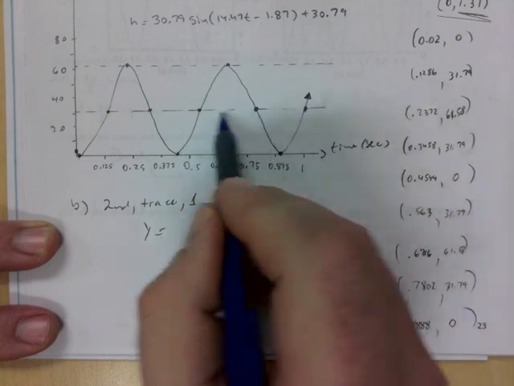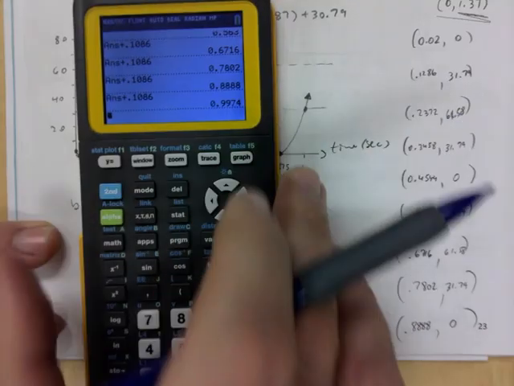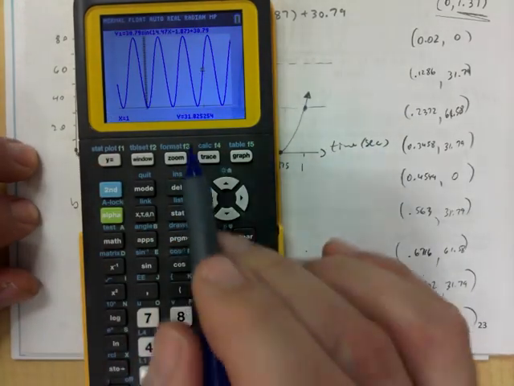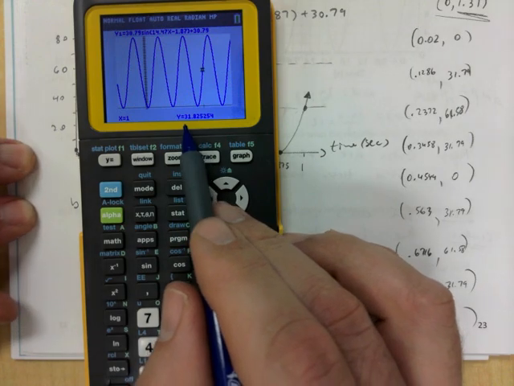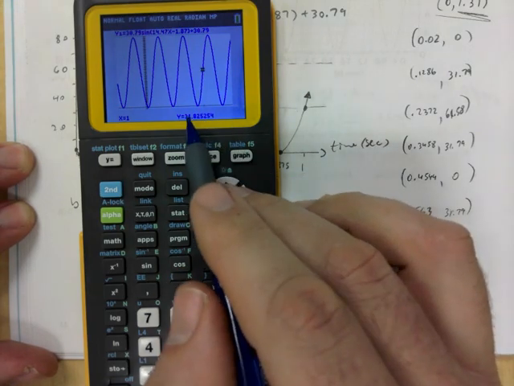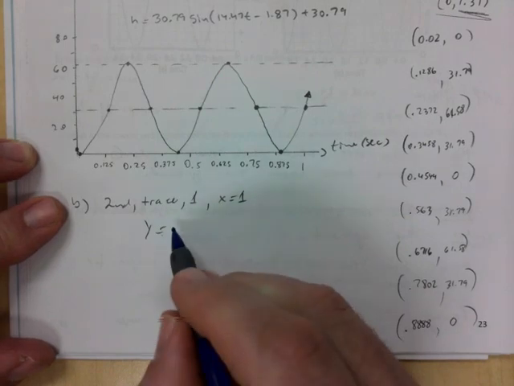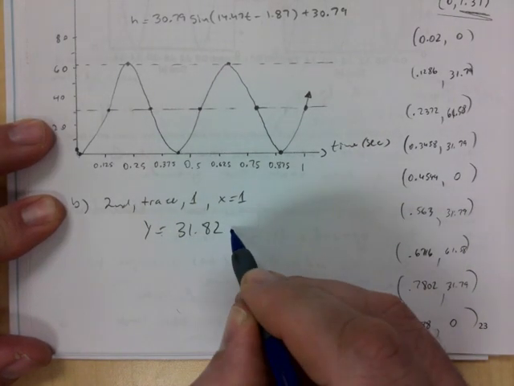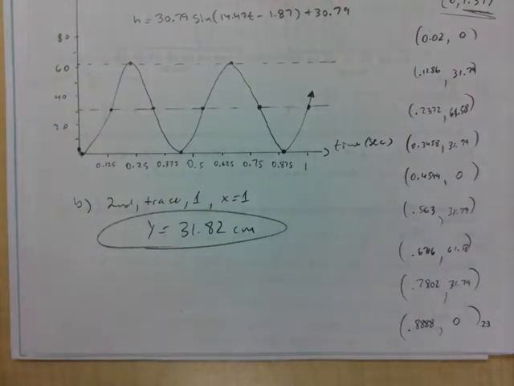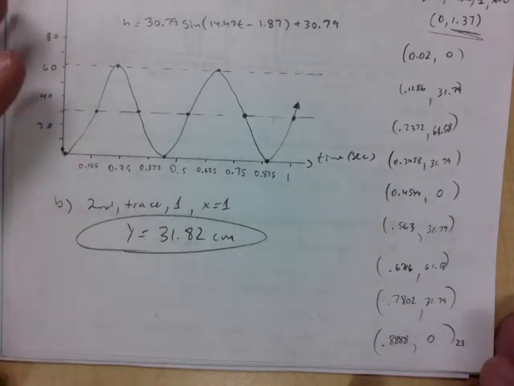We have a pretty good feeling that it's going to be 30.79, right? According to this, because we weren't quite at 1 earlier, it's a little bit past it. It's 31.82. And I would advise to just use your calculator for that. Okay, so that's that. That's page 23.